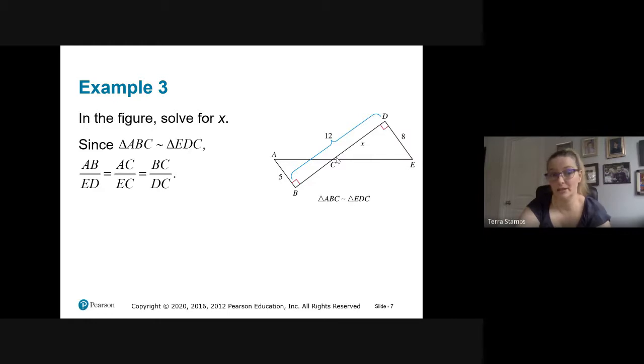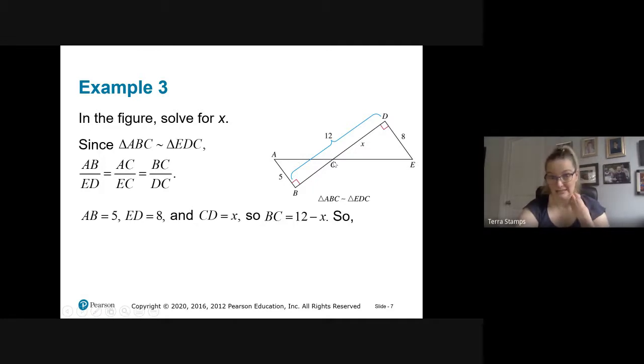Because they're similar, we know that their sides are proportional. AB is 5, ED is 8, CD is x. So BC, this distance right here, is 12 minus x, because that full distance is 12. Whatever x is, we took that out from the 12, and that's what's left.